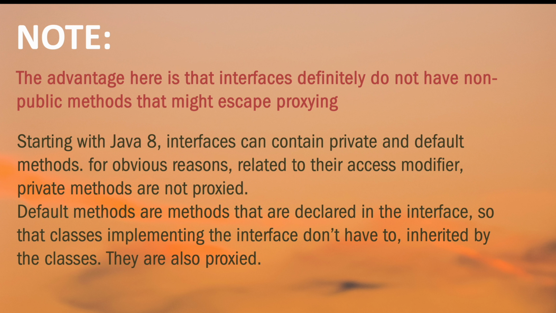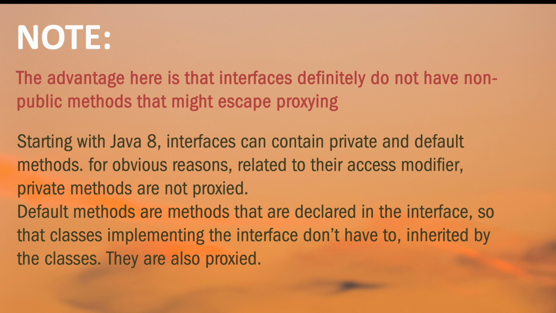That is why we saw in one of the rules I explained that a @Configuration class cannot be final, and a @Bean method cannot be final, nor can it be private. Default methods are methods declared in an interface, created for backward compatibility in JDK 8.